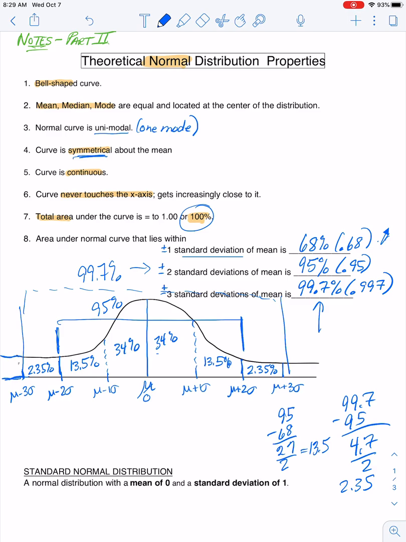But in the properties, it says there is 100%, or 1, as the total area under this curve. So at this point, we know there's 100 minus 99.7, so 0.3, and that has to be shared with each tail, out to the right and out to the left. So that's going to be 0.15% in each tail.